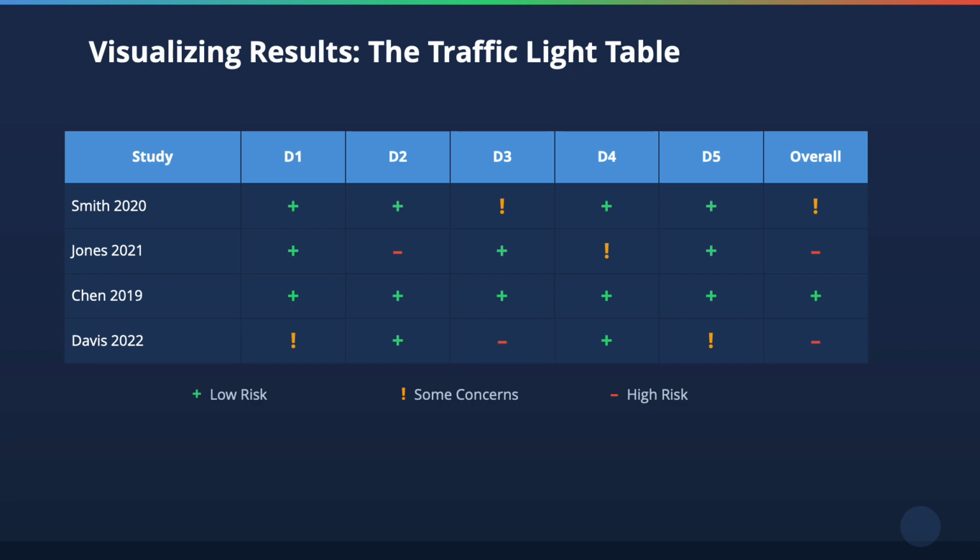Jones 2021 has high risk for domain 2, deviations from interventions, which automatically makes the overall high risk. Davis 2022 has concerns across multiple domains, collectively resulting in high risk. The visualization tool called RoB can generate these traffic light plots automatically from your data, producing publication-ready figures in seconds.